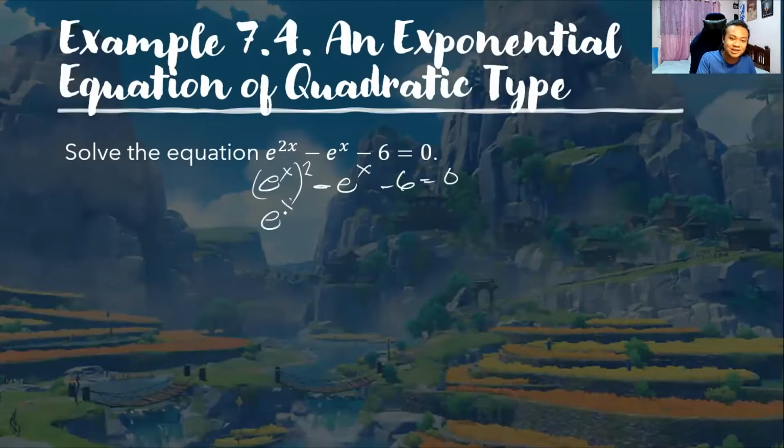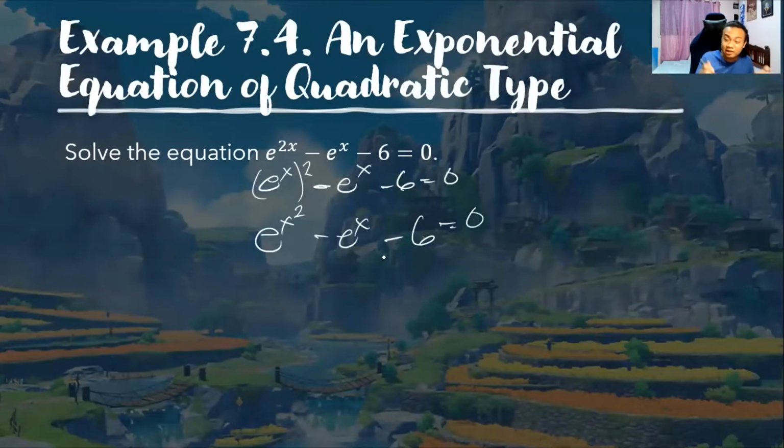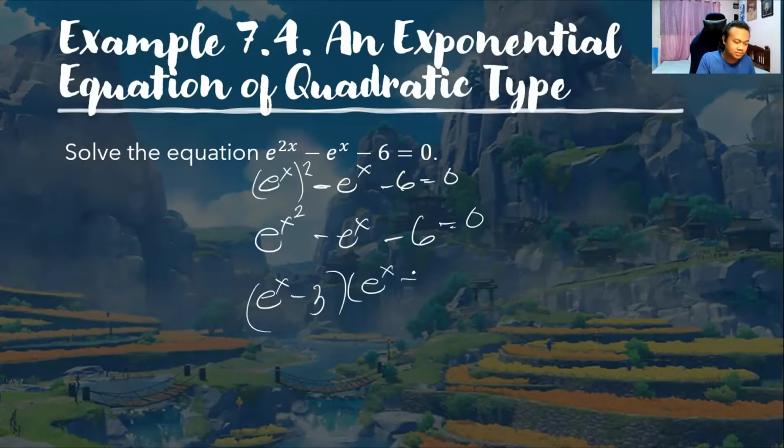Okay, so may e to the x squared, then 2 e to the x minus 6, di ba? So, factor na ninyo siya. Factor niya siya. May muna siyang e to the x minus 3, and e to the x plus 2.